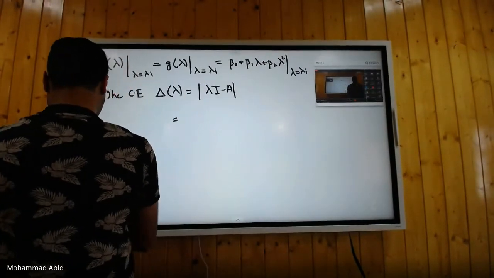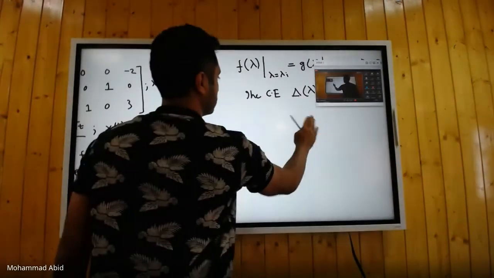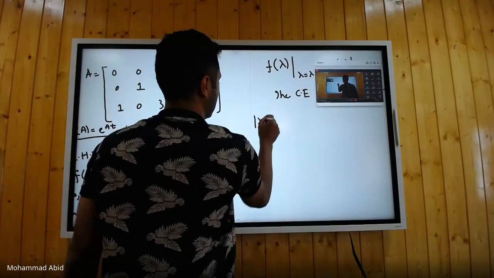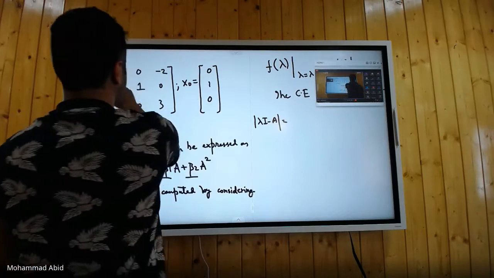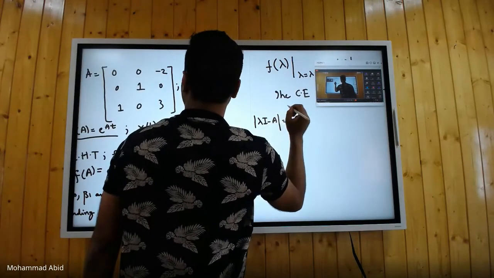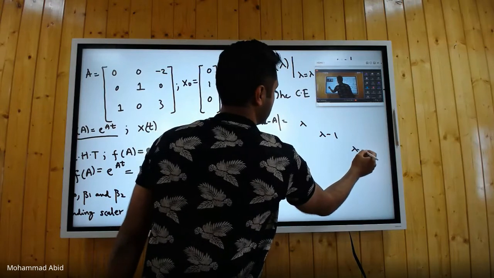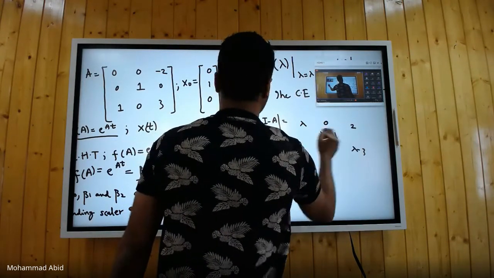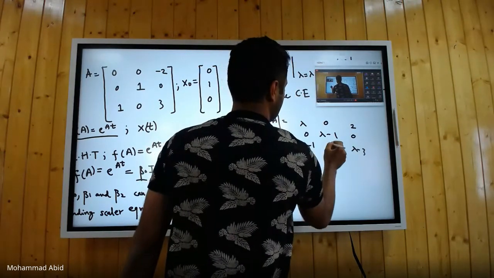This is... यहाँ पे एक जो है और lambda I minus A, lambda minus 1, lambda minus 3, 0, 2, 0, 0, minus 1, 0.